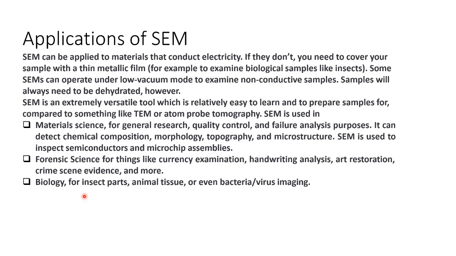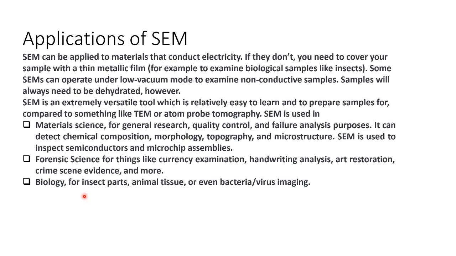Then SEM is an extremely versatile tool which is relatively easy to learn and to prepare samples for, compared to TEM, because TEM uses transmitted electrons. In those cases we have to take great care of the sample preparation. We need a very thin, ultra thin sample in order to get the proper signal out of it.